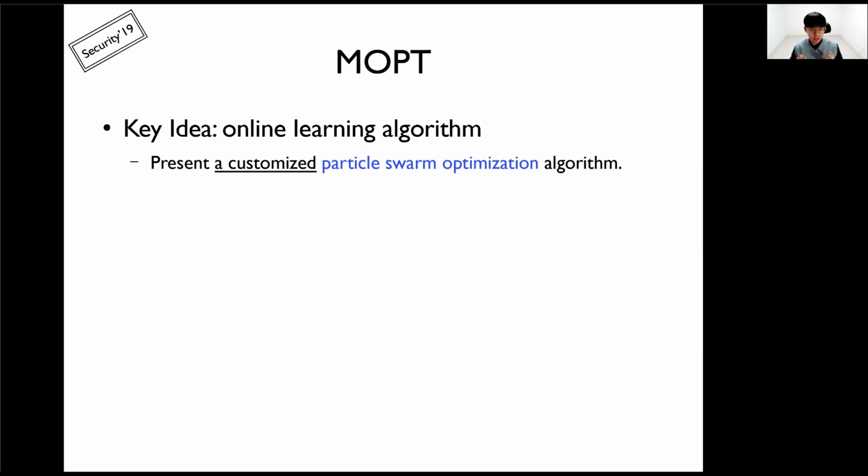Actually, their customized learning algorithm is different from the typical particle swarm optimization, but shares some notion or intuition of the original one. Anyway, let's clarify the terms such as swarm and particle used in this customized PSO algorithm.